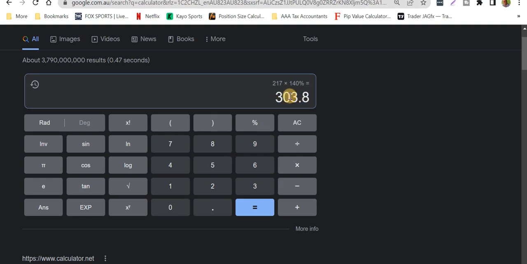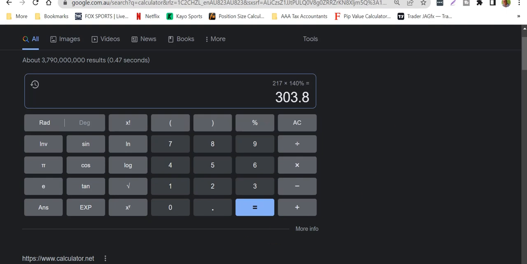So it was 21.7. So to me, the reading is 30. All you do is round it down, and hopefully the EA can do that. So we're rounding it down to 30. So it's just 30 pips. That helps with the profit target and all that stuff.